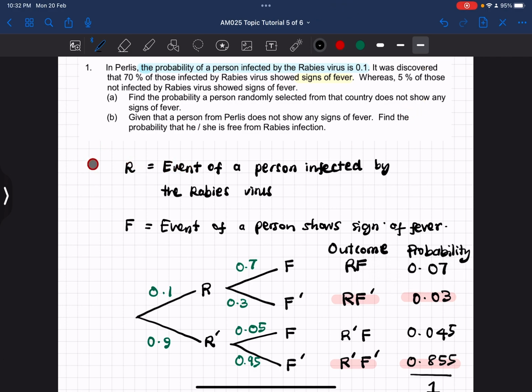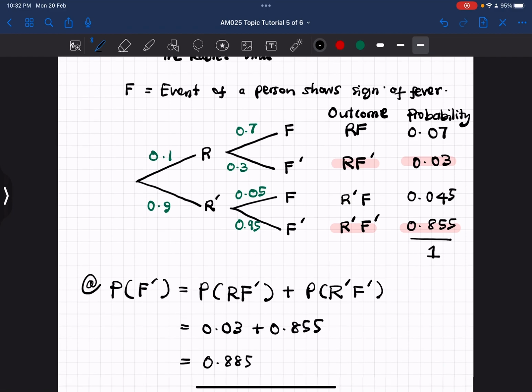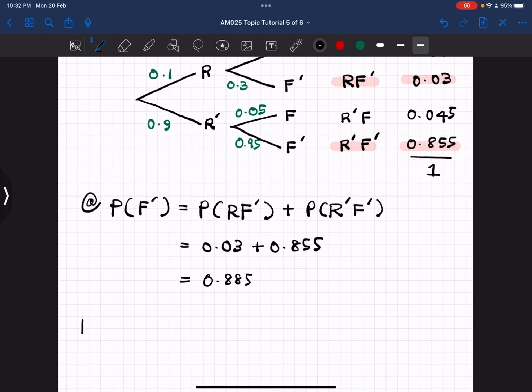Now the second one: given that a person from Perlis does not show any signs of fever, find the probability that he or she is free from rabies infection. The word given is the keyword of conditional probability. So for the second question, if it's conditional probability, you have to use this kind of notation.